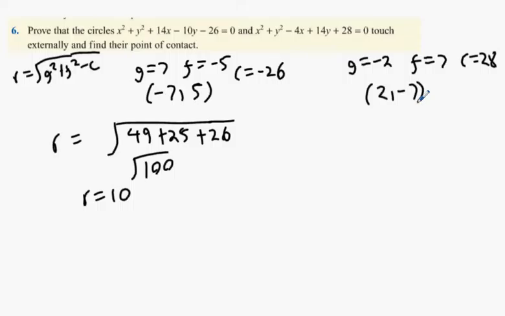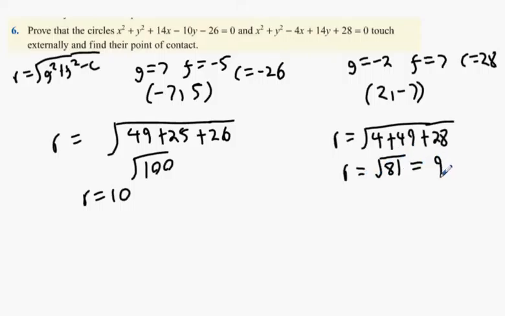And the radius is going to be equal to the square root of 4, because 2 squared is 4, 7 squared is 49, plus 28. And if I'm not mistaken, I think that's going to be 81. Is that right? Yeah. And the square root of 81 is 9.